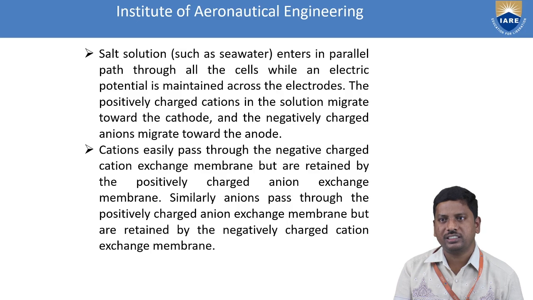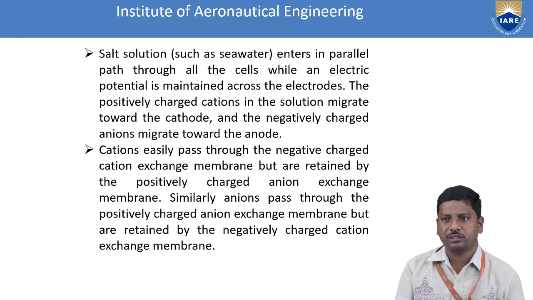The positively charged cations in the solution migrate towards the cathode and the negatively charged anions migrate towards the anode. We already discussed cathode and anode. Cations easily pass through the negatively charged cation exchange membrane, but they are retained by the positively charged anion exchange membrane.